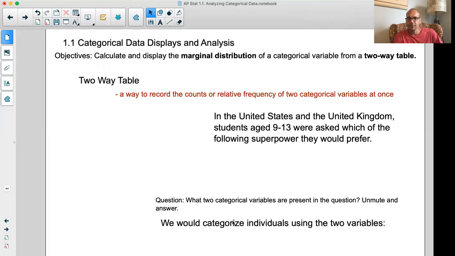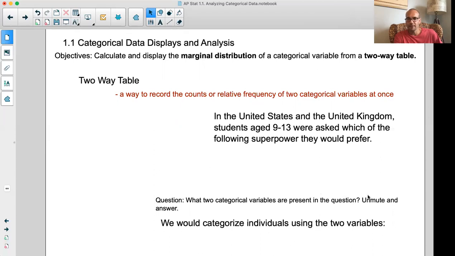So a reasonable question right now, because we're saying two-way tables are a good way to work with two variables at once, would be what are the variables and what are the categories suggested by that prompt? You could answer that by saying we would categorize individuals using these two variables.